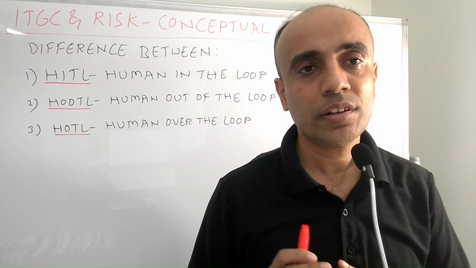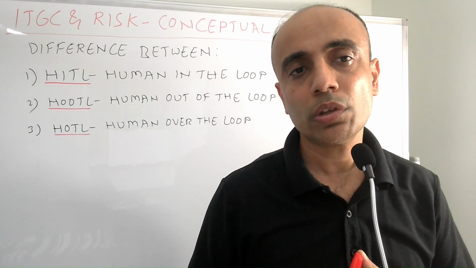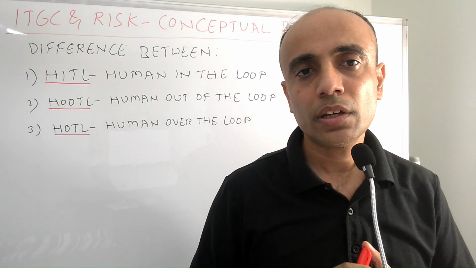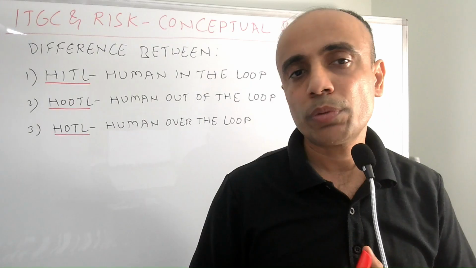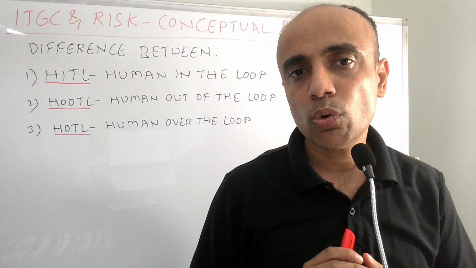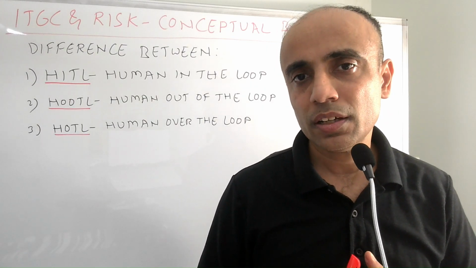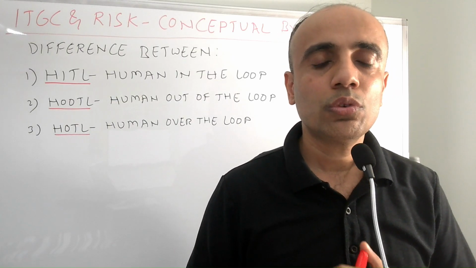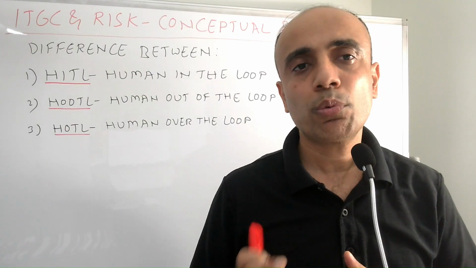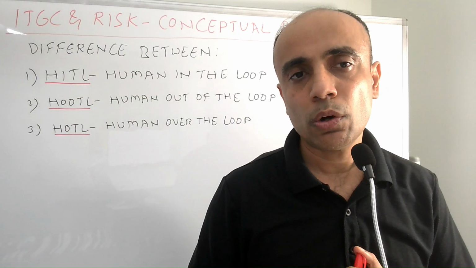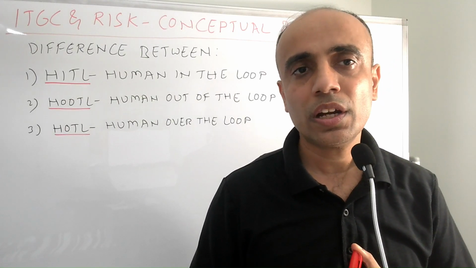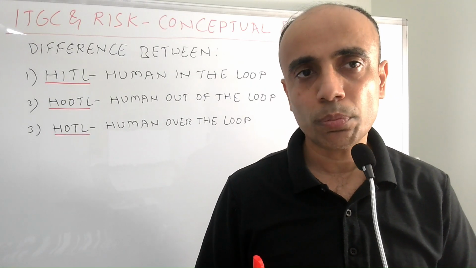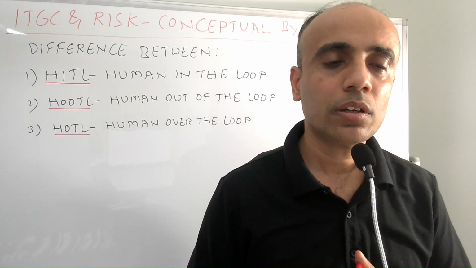So that's another example of human over the loop. Typical use case for HOTL is in semi-automated systems where oversight ensures safety while allowing efficiency. So these are the three typical approaches we hear a lot about in the AI space specifically these days: human in the loop, human out of the loop, and human over the loop.